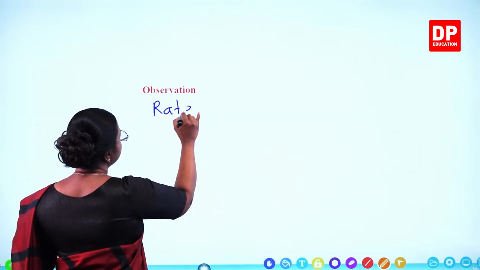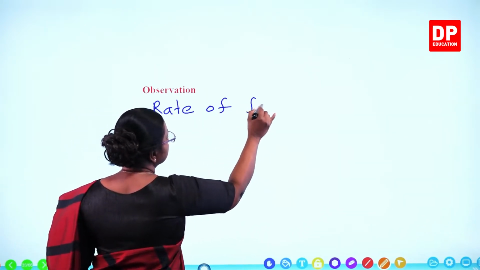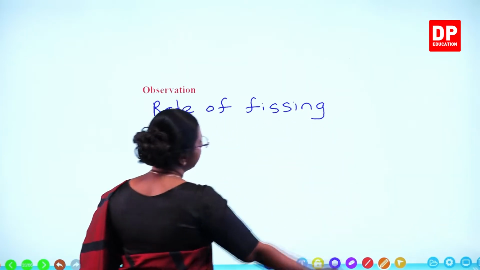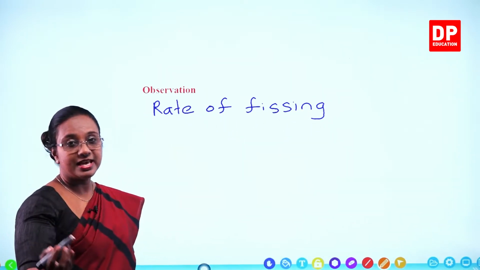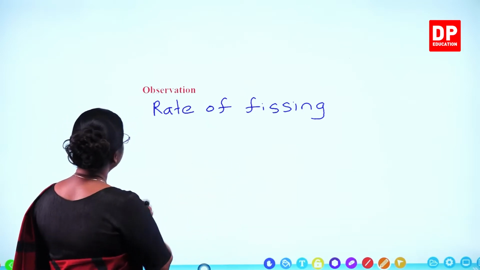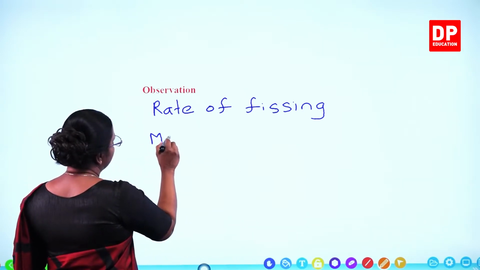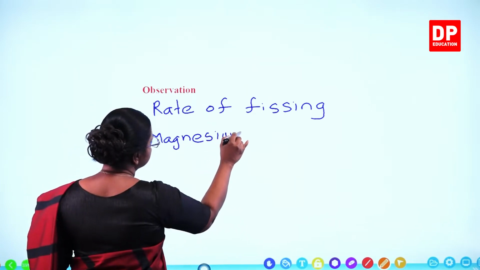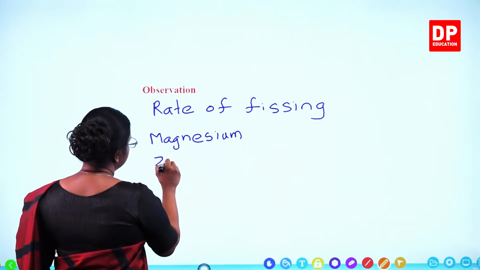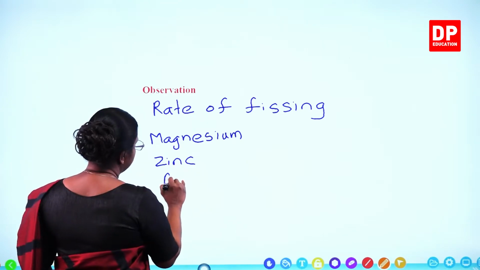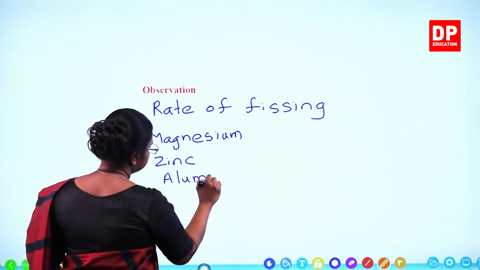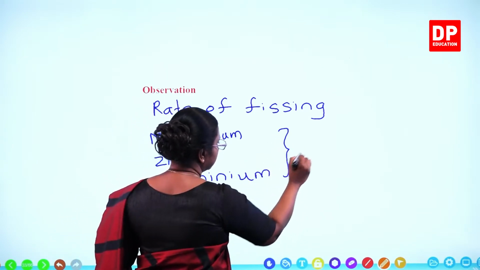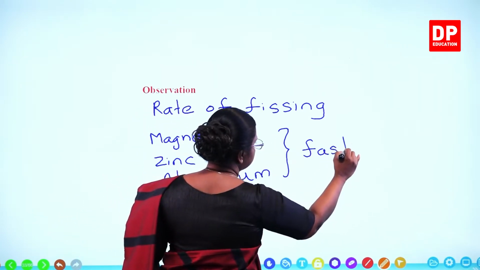Rate of fizzing. You can write it as fissing or fizzing. Rate of fizzing with magnesium, zinc and aluminium: fast.